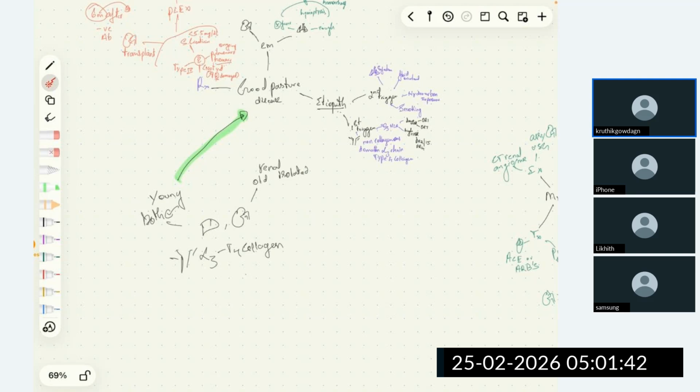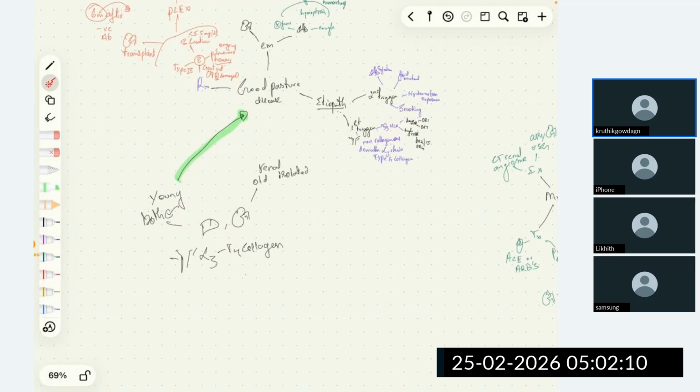In antibodies against the alpha 3 chain of type 4 collagen, we have two kinds of disease. This alpha 3 type 4 collagen is abundantly present in kidney as well as in liver. If both organs are involved, which is most commonly seen in young individuals, it is called Goodpasture syndrome or Goodpasture's disease.